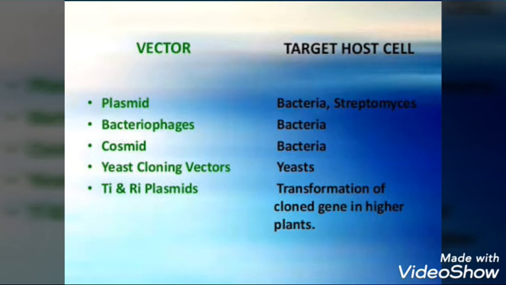But in the case of yeast cloning vectors, the target host cell is yeast only. And for higher plants, Ti plasmids are used. So this is the important chart: vector with respect to target host cell.